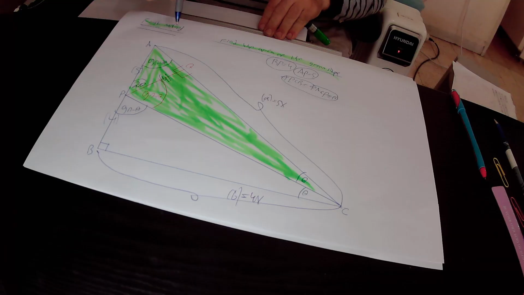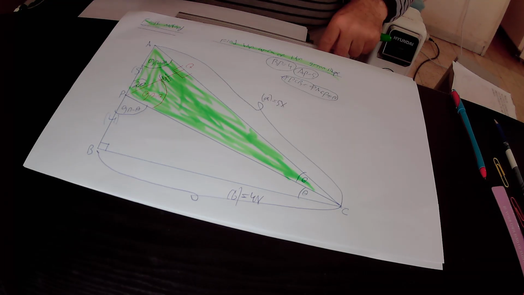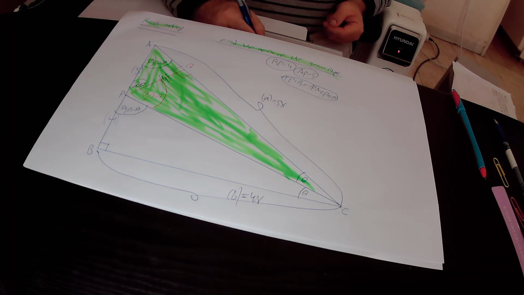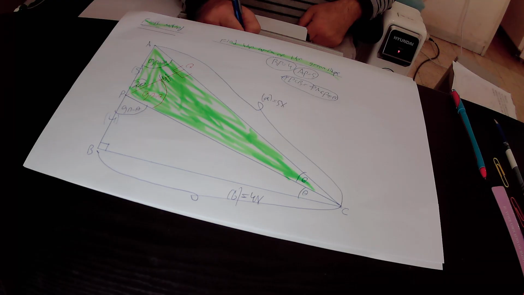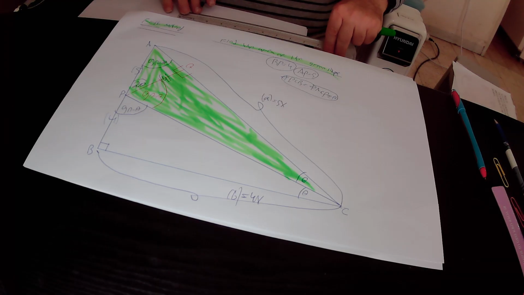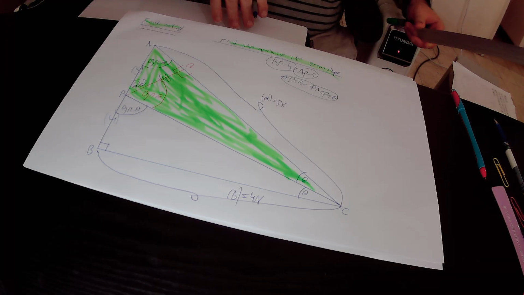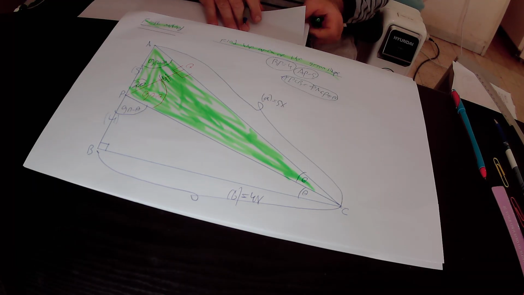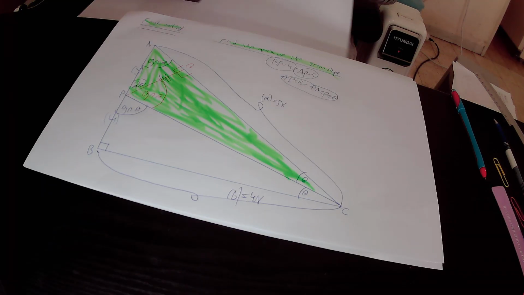In this big triangle ABC, AC squared equals AB squared plus BC squared.